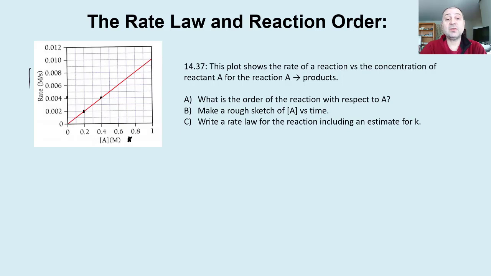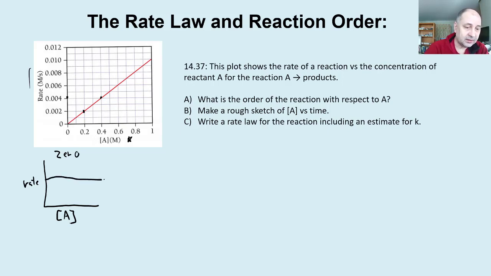Now, if this was zero order, meaning the concentration has no effect on the rate, it would look linear still, but flat. If you have the concentration of A versus the rate for zero order, it would look like this. It wouldn't be curved like my goofy writing here, but just a flat, straight line across.